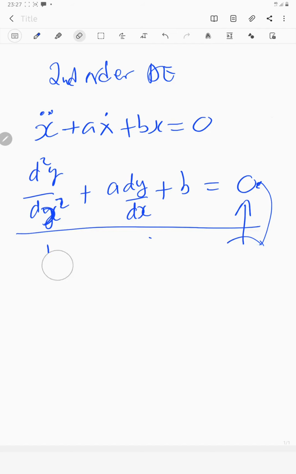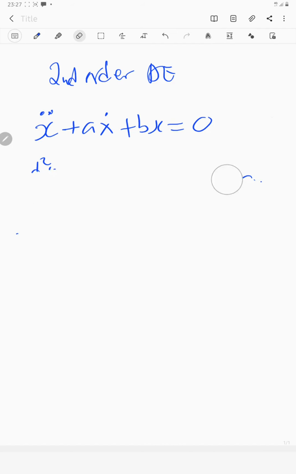Because these are like quadratic equations, we can solve them. This one is squared, like x double dot at this point, so we present it as r squared.